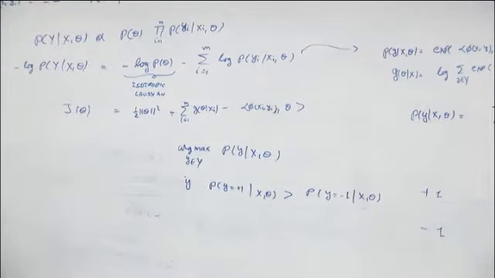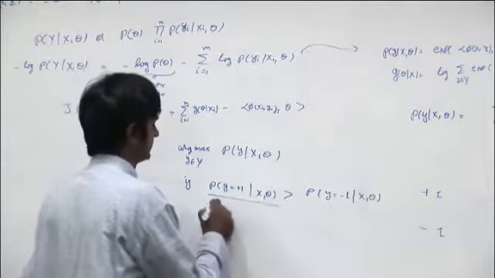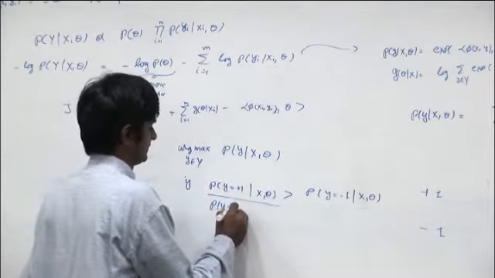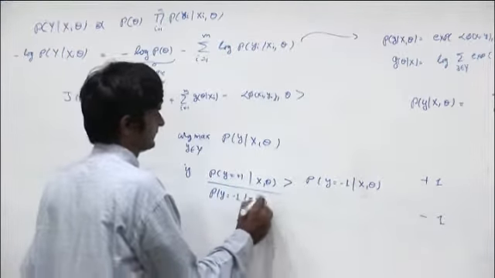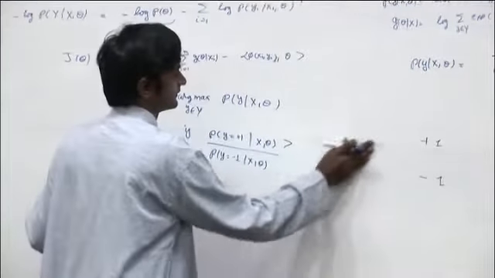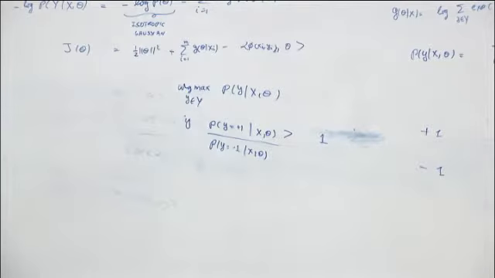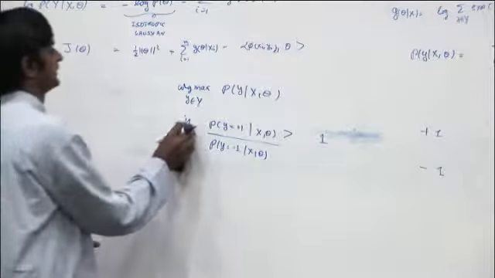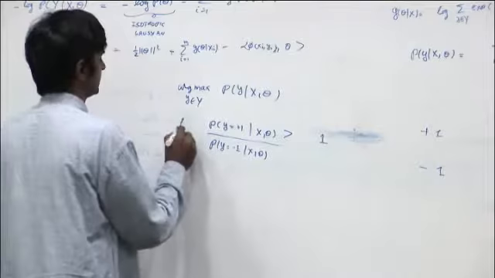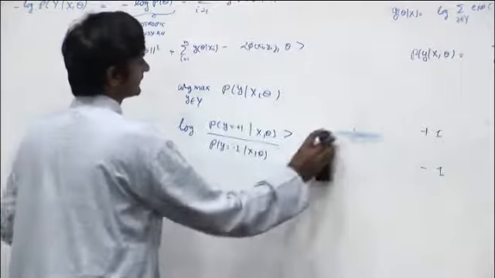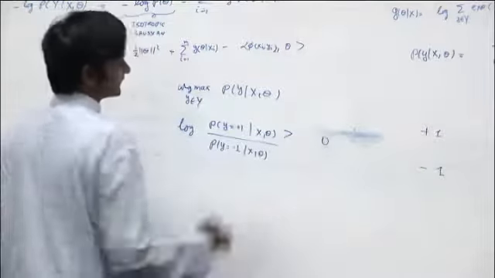Or equivalently, I can write this as this, right? Nothing has changed. Or even I can do the following thing. I can take the log on both sides and do this.